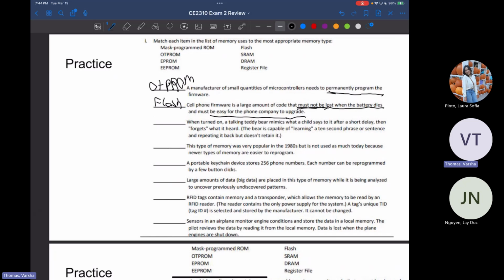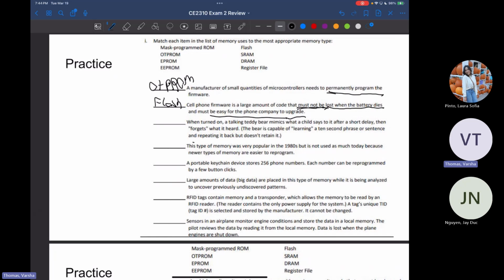When turned on, a talking teddy bear mimics what a child says to it after a short delay. Then it forgets what it heard. The bear is capable of learning a 10-second phrase or sentence and repeating it back, but it doesn't retain it. So this one will most likely be RAM since it doesn't retain information.